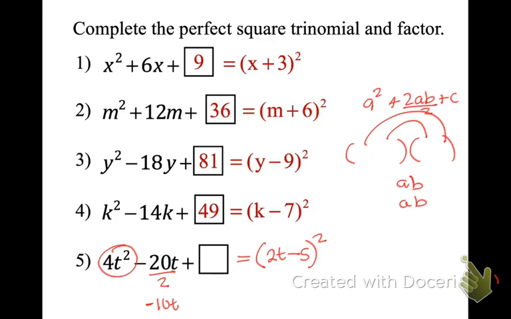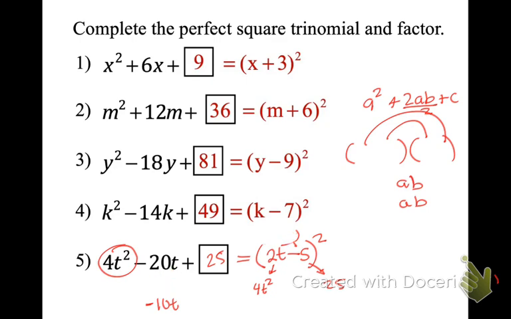Here's how I check my middle term, to see if this is correct. This squared makes 4t squared. This squared, what does it make? 25. That's what goes in there. And when I multiply them together, I get 10t. But if I double it, I get that 20t. So that is correct, the 25.